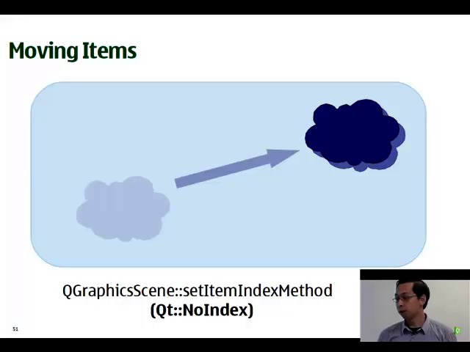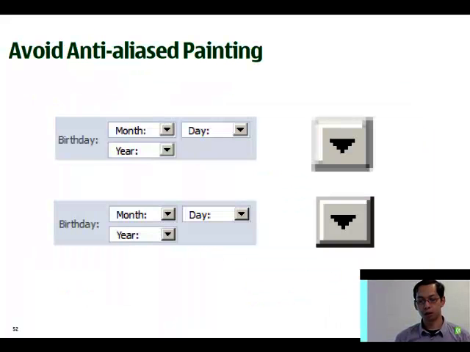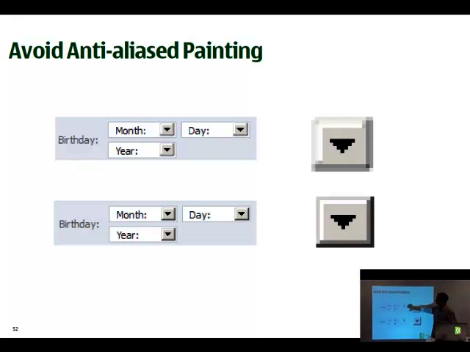And of course, a related technique: if you don't need smooth, anti-aliased painting, then it's better to avoid it. Sometimes you do it by mistake. For example, let's have a look at the screenshot here that I already enlarged. You have a combo box here with some drop down arrow, and if I zoom in, it looks like this.